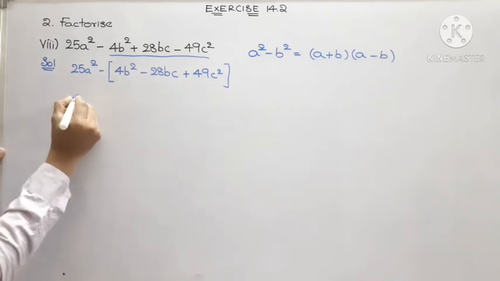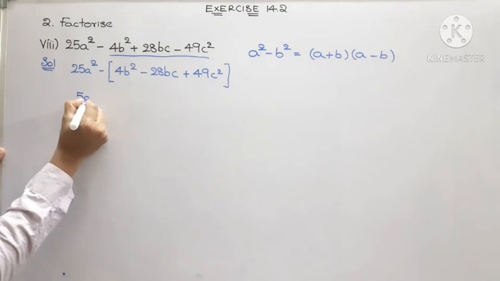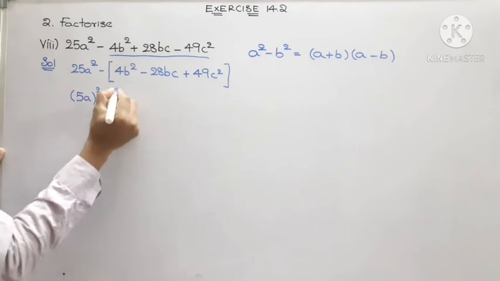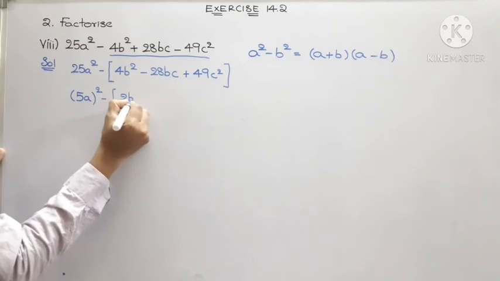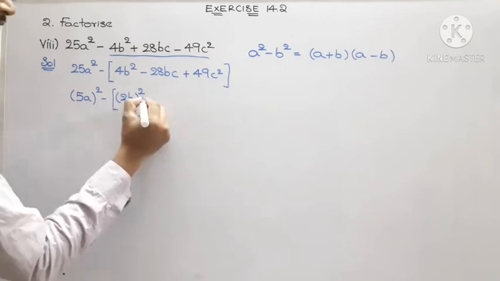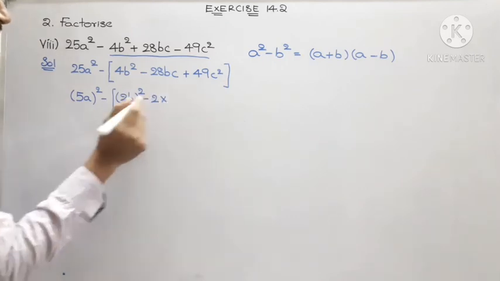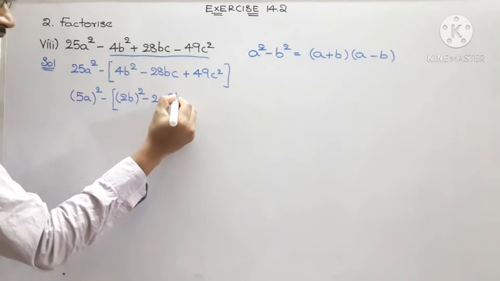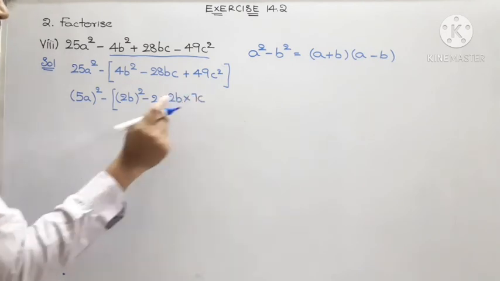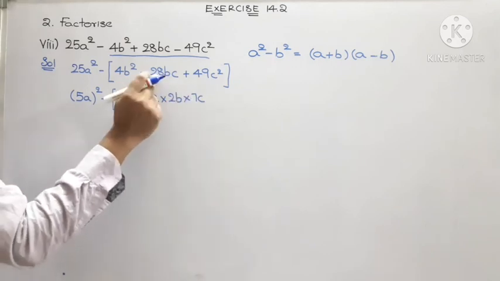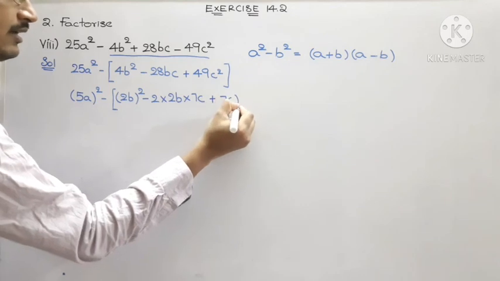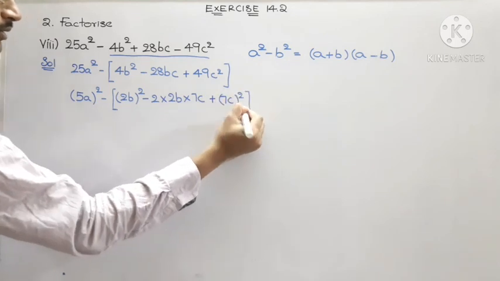So we can write 25a square as 5a whole square minus, 4b square we can write as 2b whole square, and 2 multiplied by 2b, where a is 2b and obviously b is going to be 7c. 2 twos are 4, 4 sevens are 28, bc, plus 7c whole square.